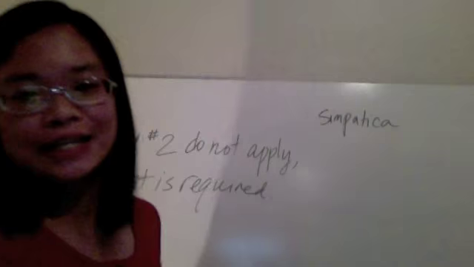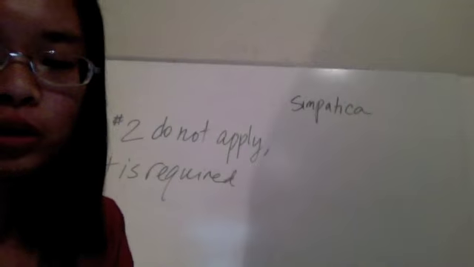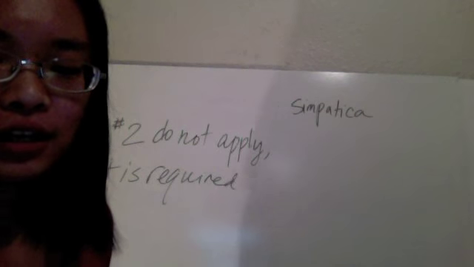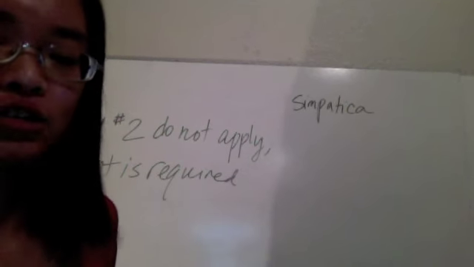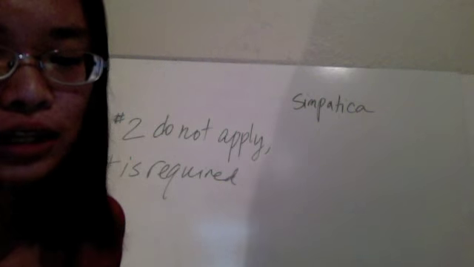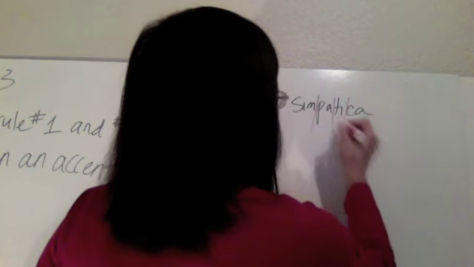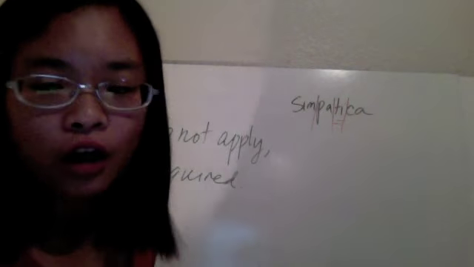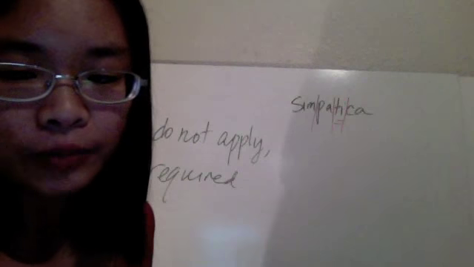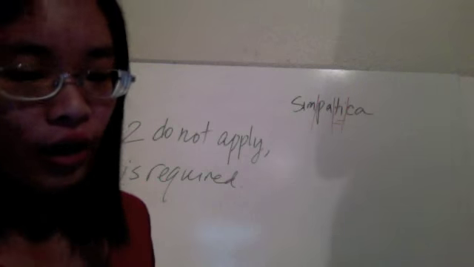Let's take a look at the word simpática. It ends with A, and according to rule number 1, it's a vowel, so the stress naturally falls on the second to the last syllable. So the stress will fall on the I, the English I, simpática, if there's no accent.